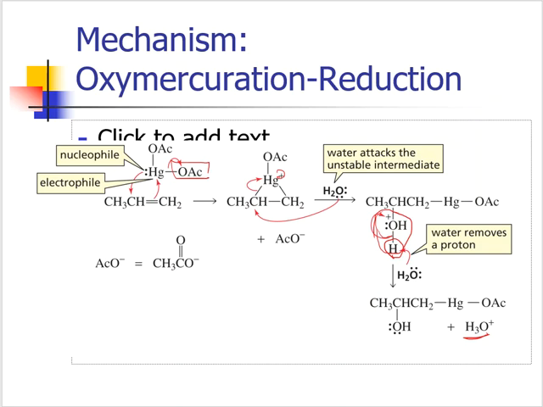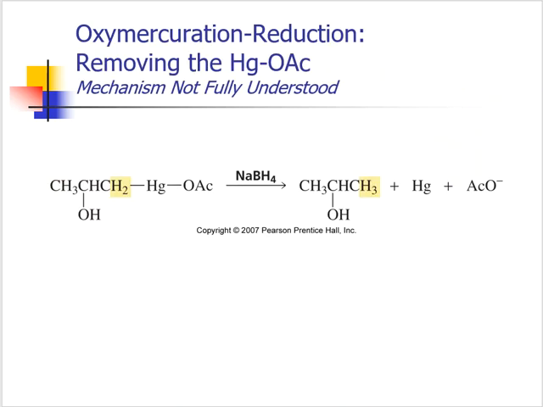Now, step number 2, we wrote below the arrow, and that was the addition of sodium borohydride. And here's the addition of sodium borohydride. Notice they don't even do curvy arrows. The reason, and they actually state this in the text, is that we just don't fully understand the mechanism at this point. Yes, that's correct. We don't understand the mechanism sometimes.